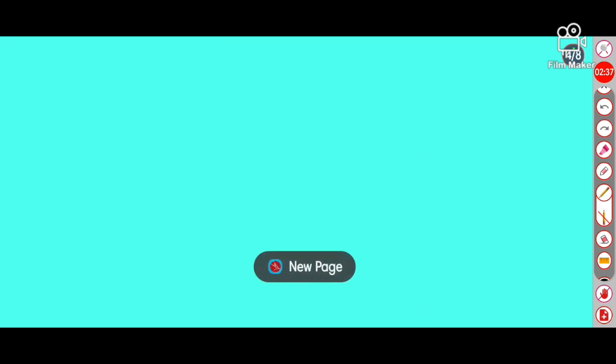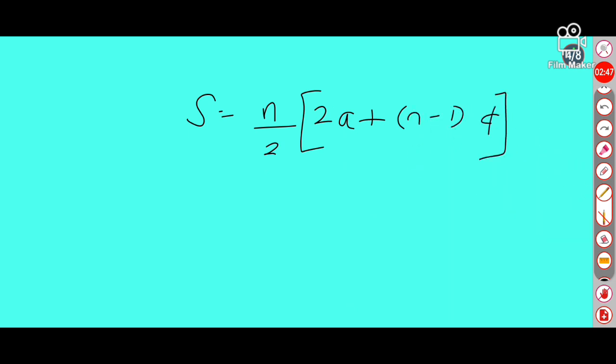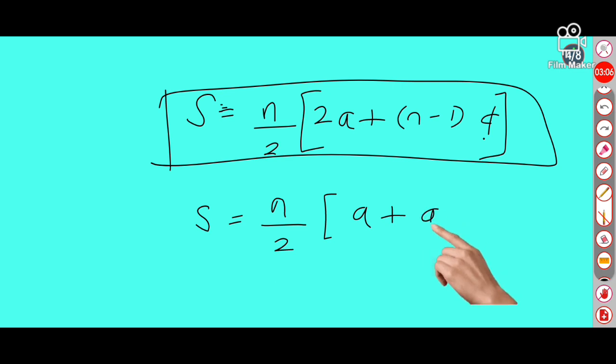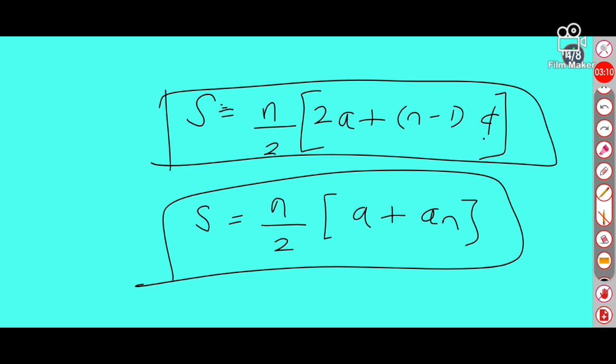This is consolidated as a formula given as S equals n by 2 into 2a plus n minus 1 into d, where a stands for the first term, d stands for the common difference, and n is the number of terms present to find the sum value. So this is one of the formulas. This again can be written as S equals n by 2 into a plus an, where an is nothing but a plus n minus 1 into d.